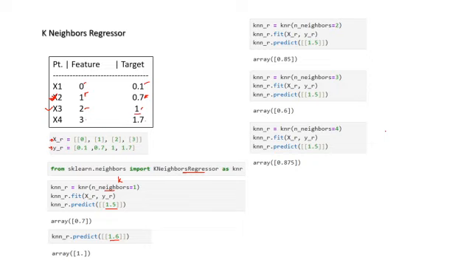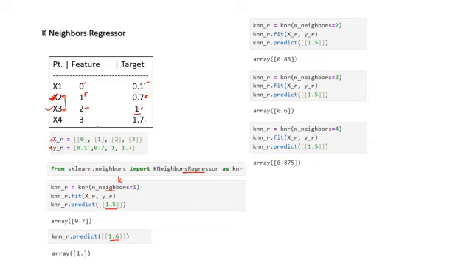Now in this case, I have considered 2, 3 and 4 neighbors for this point 1.5. When we are considering 2 neighbors, it's very easy because it considers both x2 and x3. These are the nearest neighbors for the data point 1.5.